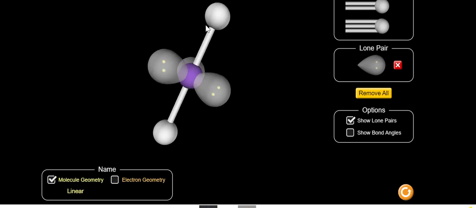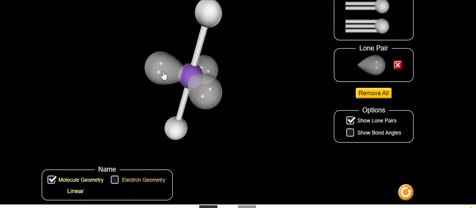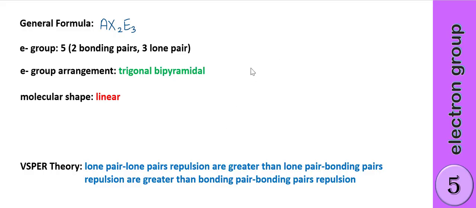How is that possible? Because the lone pairs are in the equatorial position. They are here, so as far as we can arrange, the electrons in the bonding pairs are at 180 degrees. So in 2D, this is the basic trigonal bipyramidal.